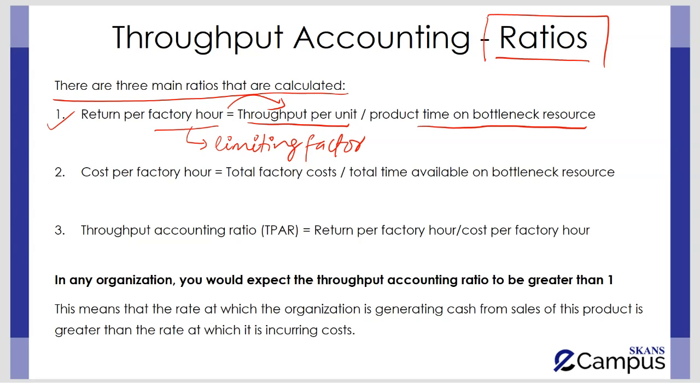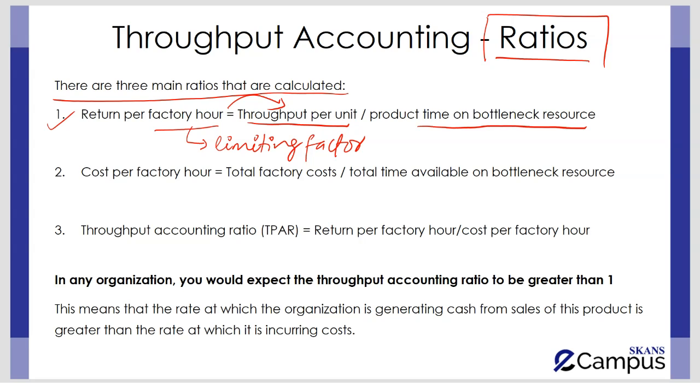So throughput contribution per unit divided by factory hours per unit, I would say. Because of course factory hours are assumed to be the limiting factor or bottleneck resource, so they can also be defined as product time on bottleneck resource.